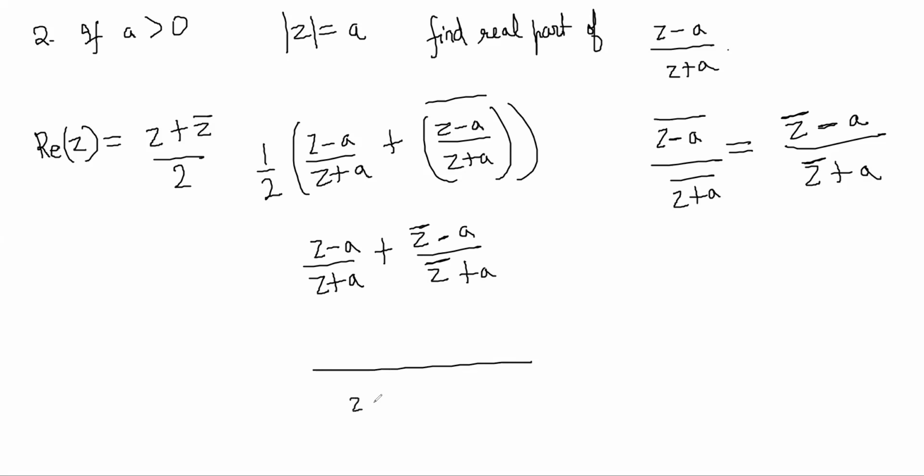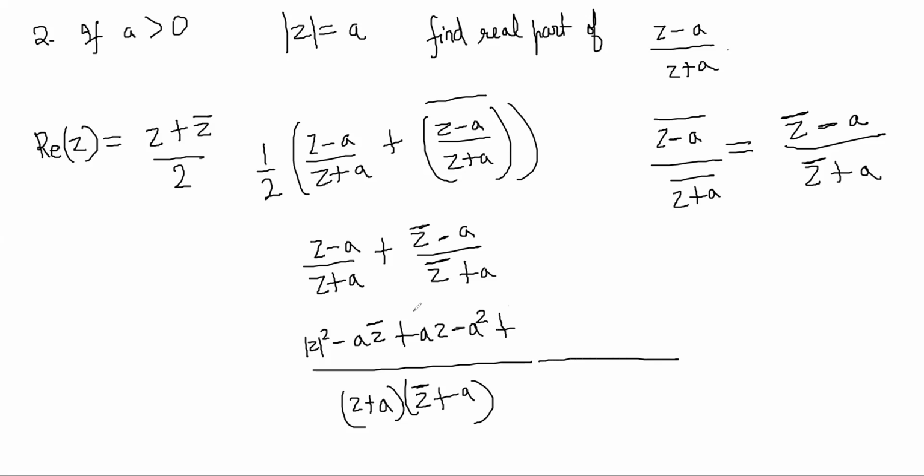This becomes (z + a)(z̄ + a) in the denominator, and multiplying: z z̄ is |z|², minus a z̄ plus a z minus a², plus z̄ z minus a z plus a z̄ minus a².